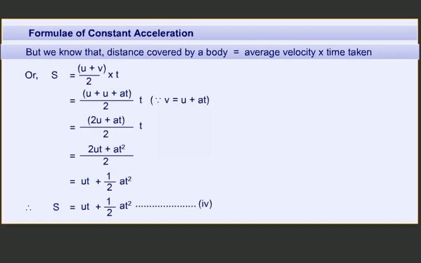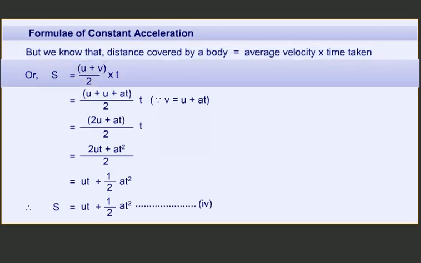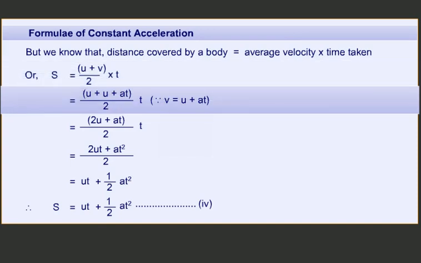Students, but we know that distance covered by a body is equal to average velocity into time taken, or we write it as s is equal to u plus v divided by 2 into t. We can write this as u plus at divided by 2 multiplied by t, since v is equal to u plus at as given in equation 2.